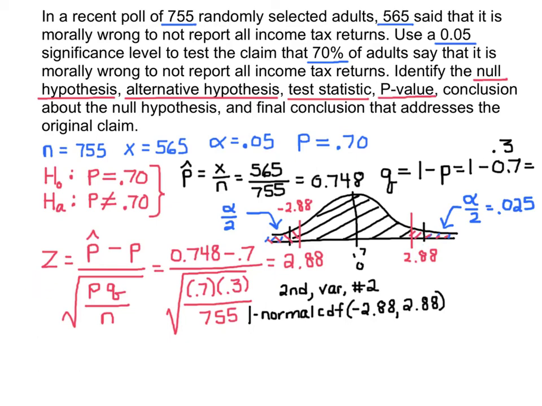Okay, so when I put that into my calculator and round it, I get a p-value of 0.0040. Now our next step is to come up with a conclusion about the null hypothesis.